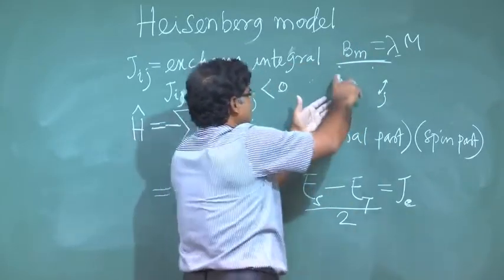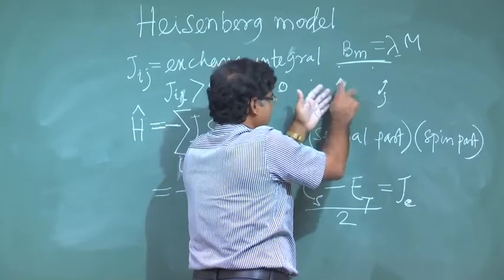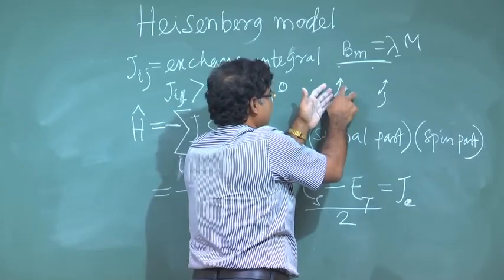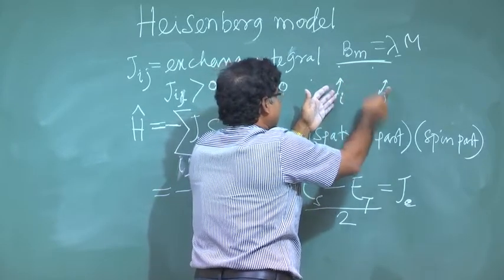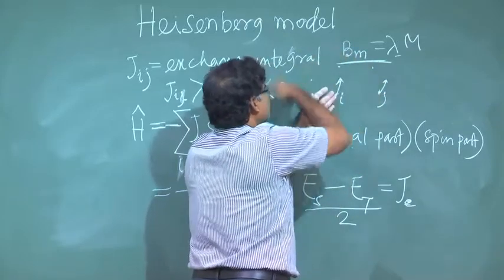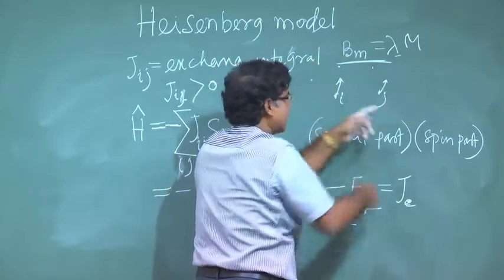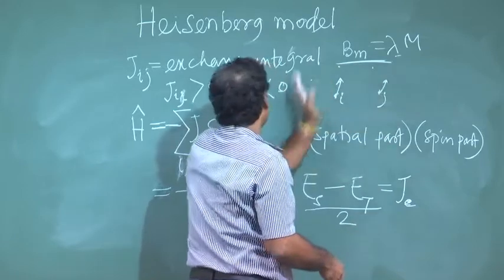This S I, this is 1, is interacting with all the others, right, that is indicated by j equal to 1, 2, 3, 4, 5.